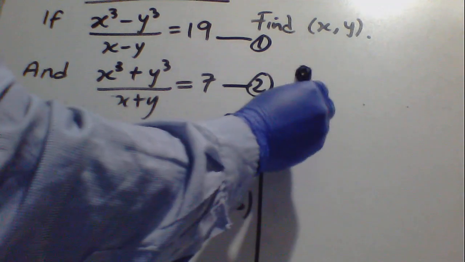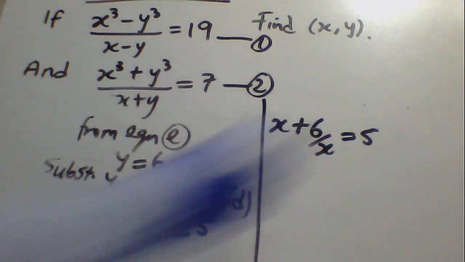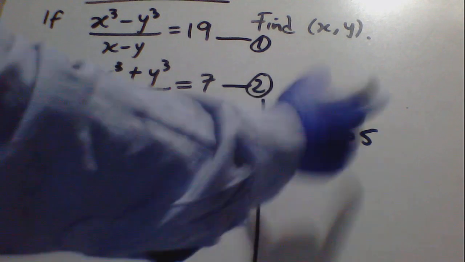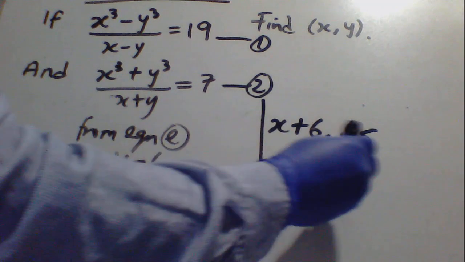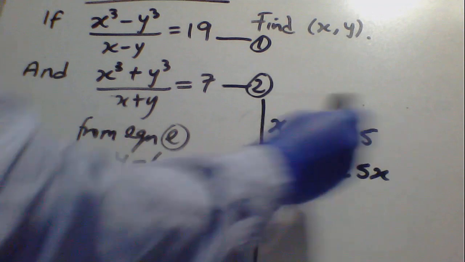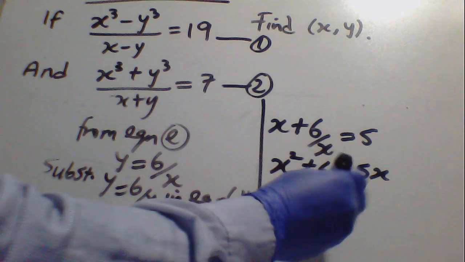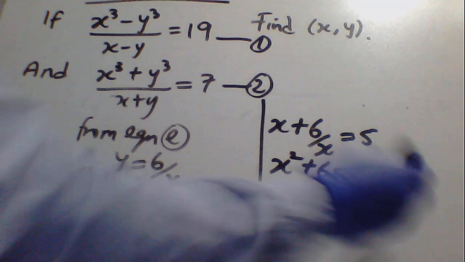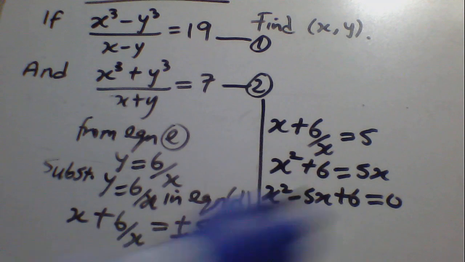So in this case, you have x plus 6 over x is equals to 5. So simplify, multiply the equation by x, you have x squared plus 6 is equals to 5x. Rearrange the equation, you have x squared minus 5x plus 6 is equals to 0. The next is to factorize.